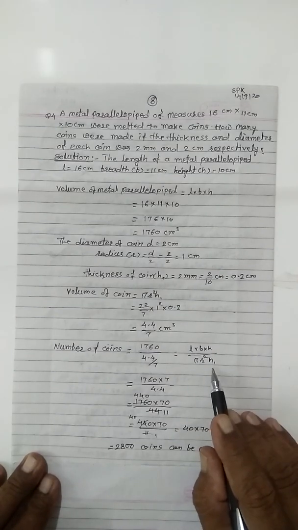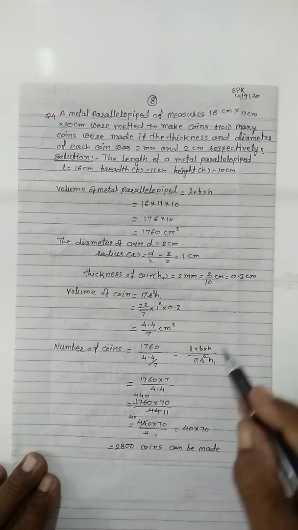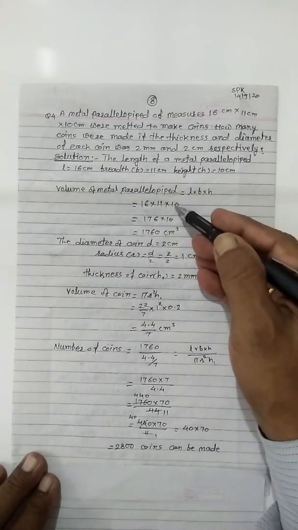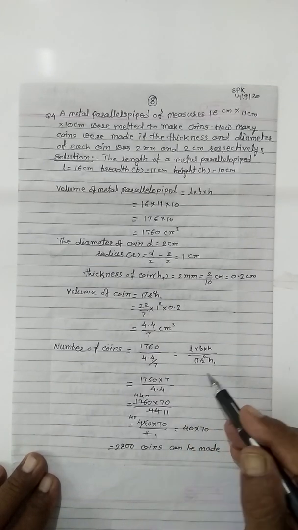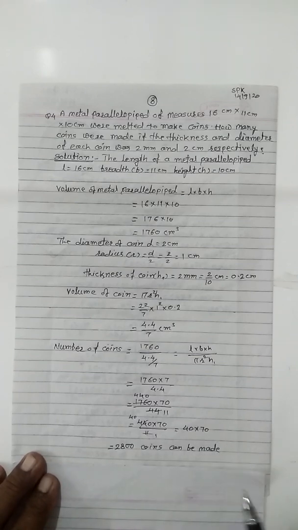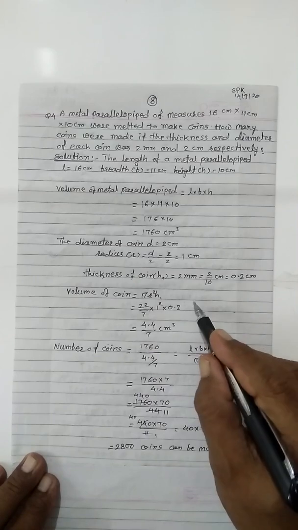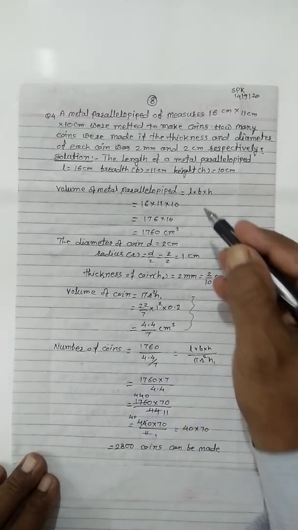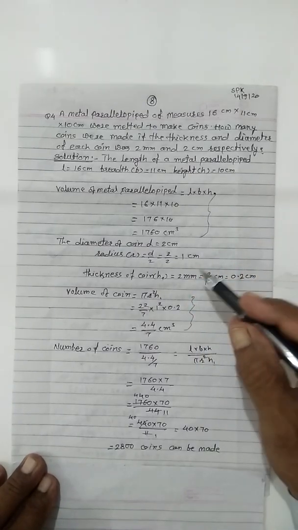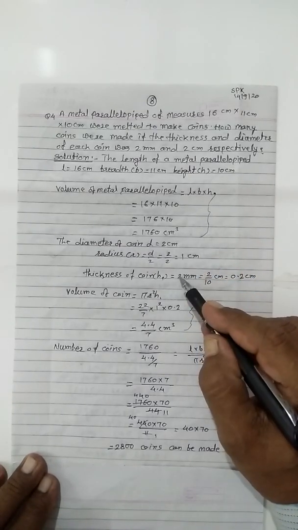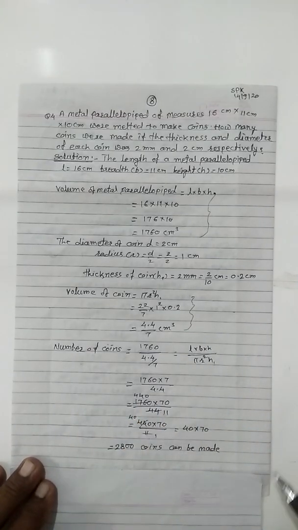The H1 value is 0.2 and here H value is 10. So we take H and H1, then put the values, then we get the same answer without solving these steps separately.